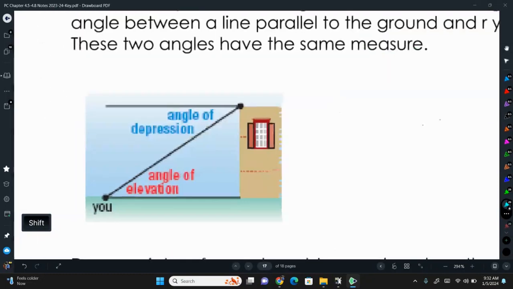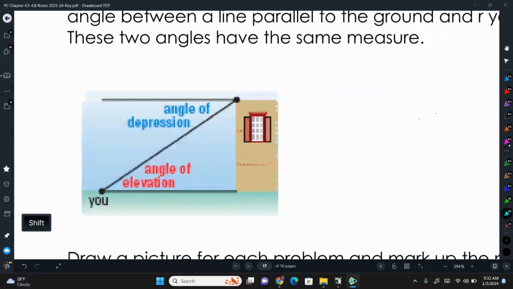Now, this picture is very powerful because you'll notice that we have a right triangle here, which means we can use SOHCAHTOA, and the angle of elevation is inside that triangle, but the angle of depression is outside of that triangle. Now, because of the alternate interior angle theorem, those two angles are actually congruent to each other.